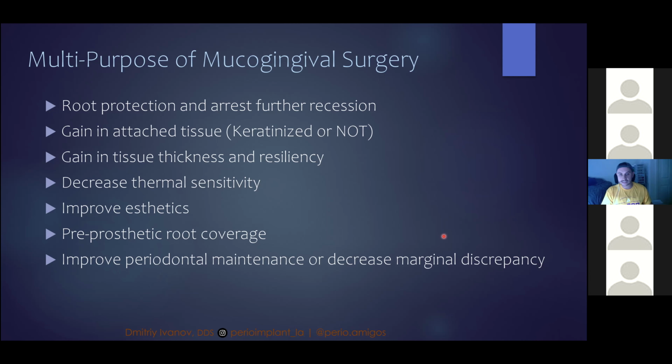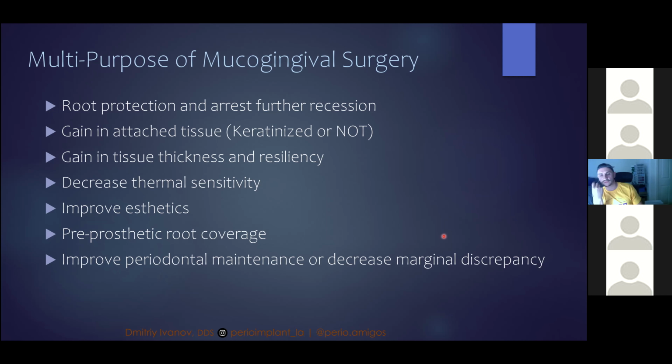If you have cold sensitivity right around the tooth, it improves the thermal sensitivity, makes the patient look better, right? If you have very long roots, patient likes to have shorter roots. Pre-prosthetic root coverage, if you're planning maybe veneers, some of the teeth might be longer or shorter. You want to either crown lengthen them or root cover them, and improve periodontal maintenance or decrease marginal discrepancy.